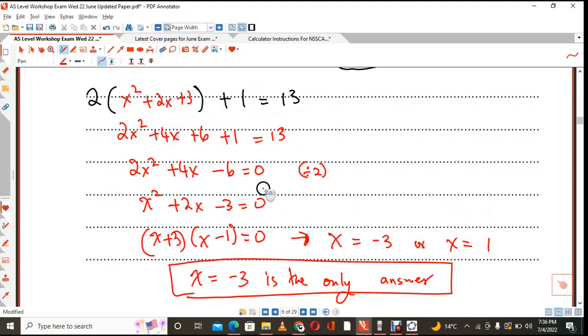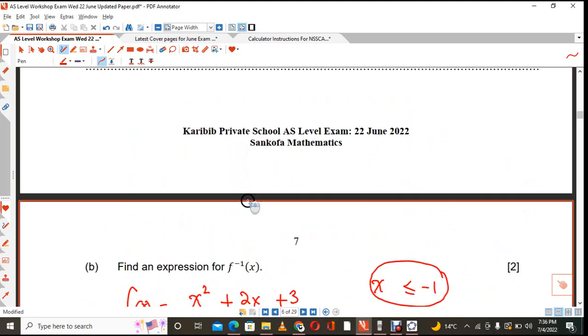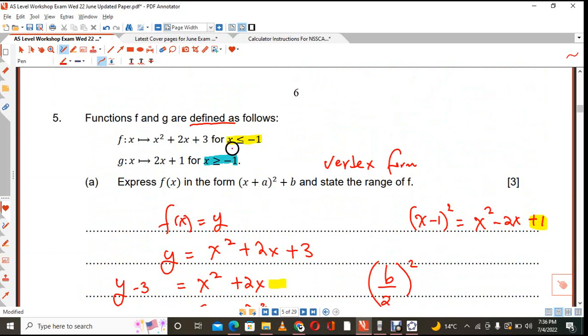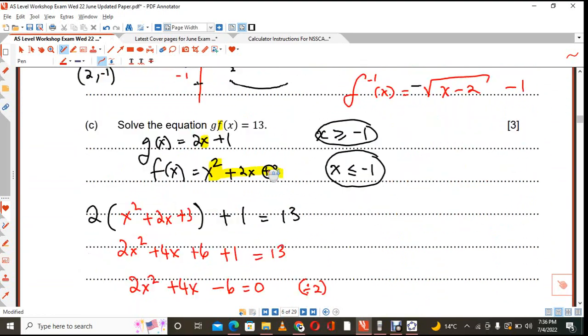Okay, so there's a lot of work on functions that you need to understand, but also be very careful when you are given restrictions on your domain for which the particular functions are defined, in order for you to answer those questions. These things are not just given to you for free. They mean you are supposed to use them in order to solve these questions accordingly.